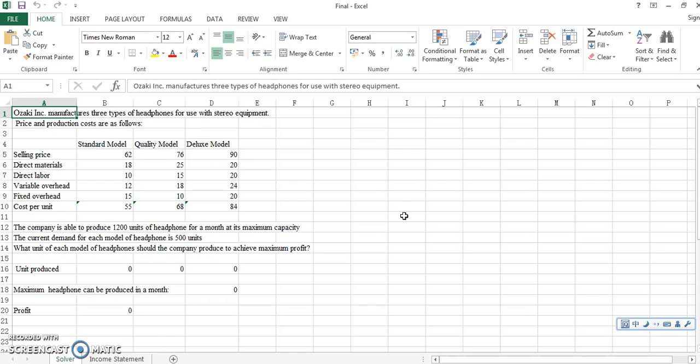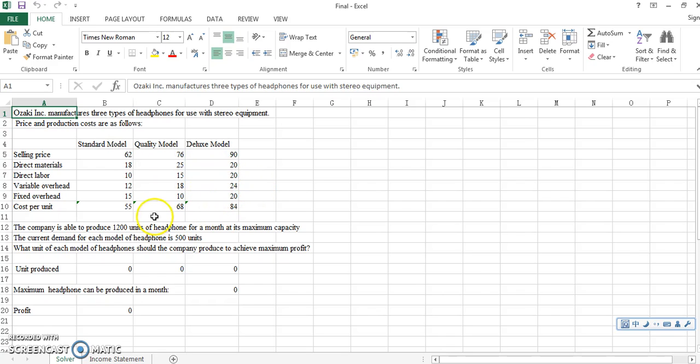Here we have the company Ozaki Incorporation, a manufacturing company that manufactures three types of headphones: the standard model, the quality model, and the deluxe model. So here is the selling price of each model, and below are the costs to make each unit of the models.